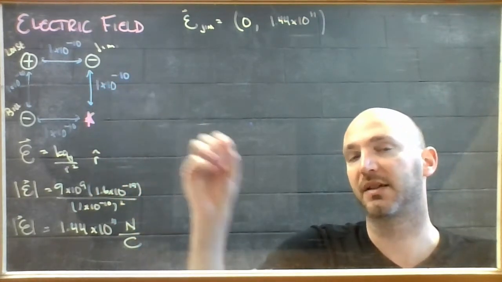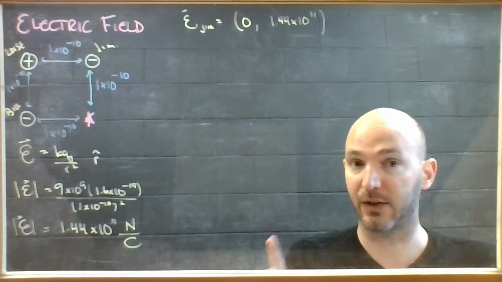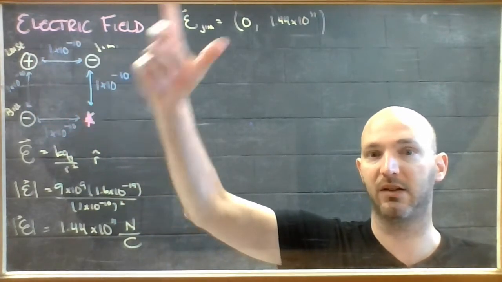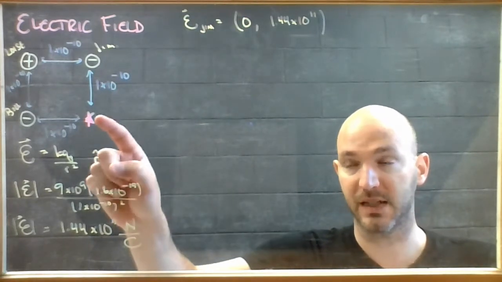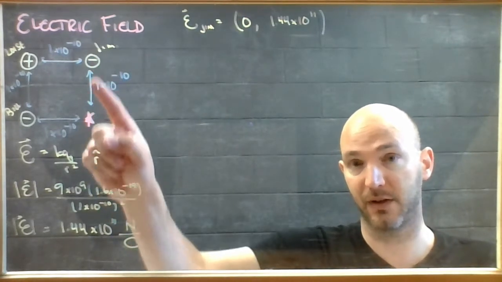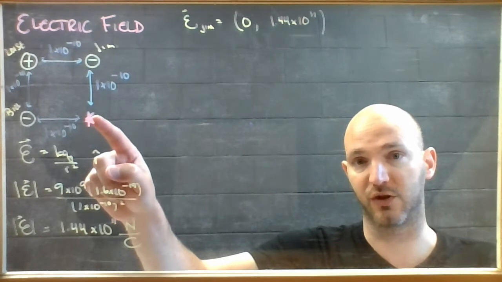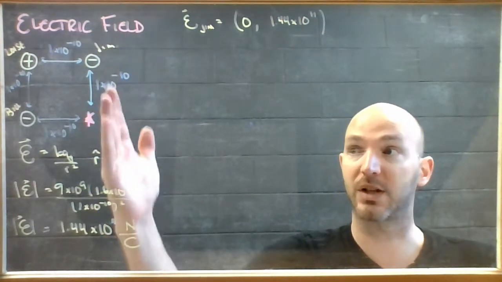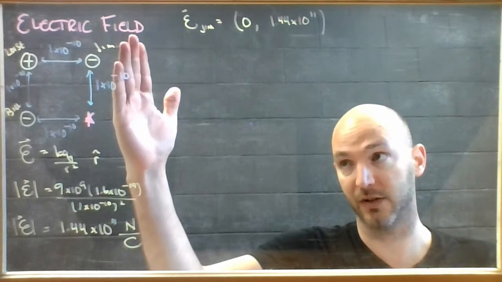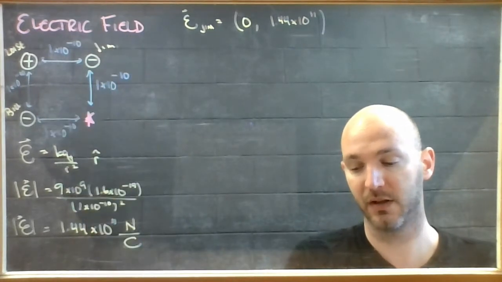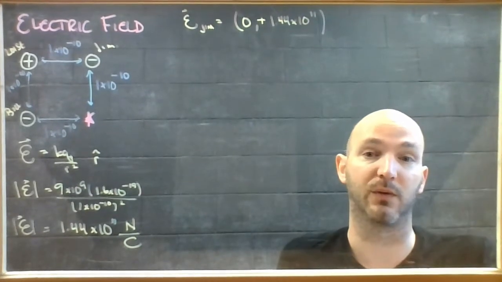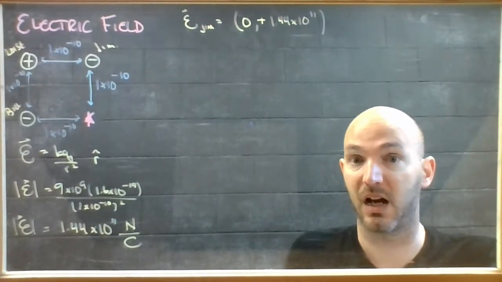The way you keep this in your brain is that electric fields come out of positives and into negatives. So if I'm standing here and I'm asking about Jim's field contribution, it is going into Jim, which happens to be in the up direction as I've drawn this diagram. So I'm going to call that positive 1.44 times 10 to the 11 up.